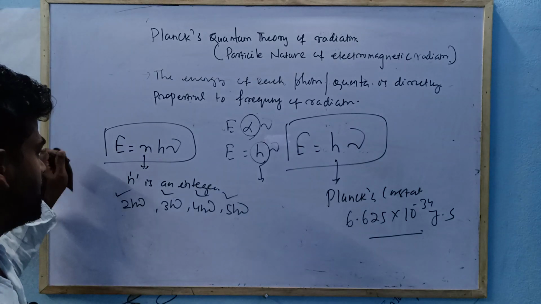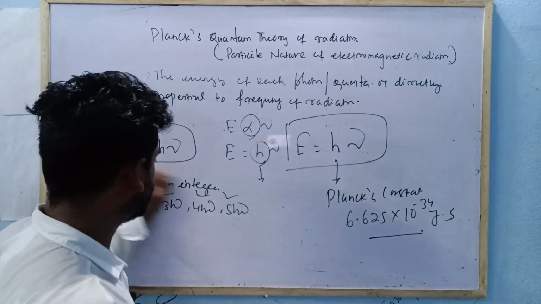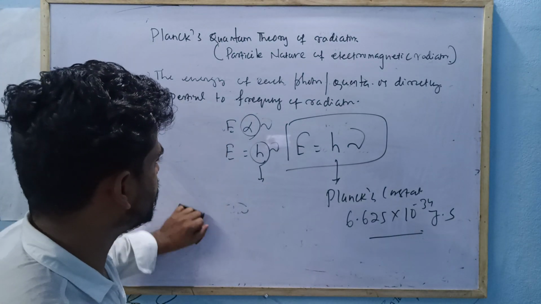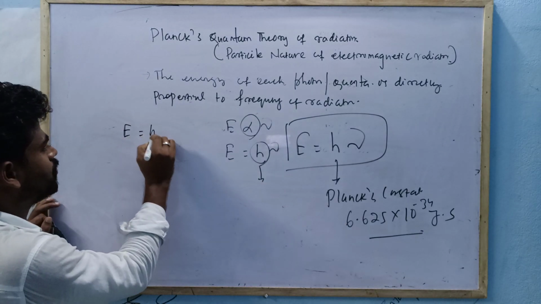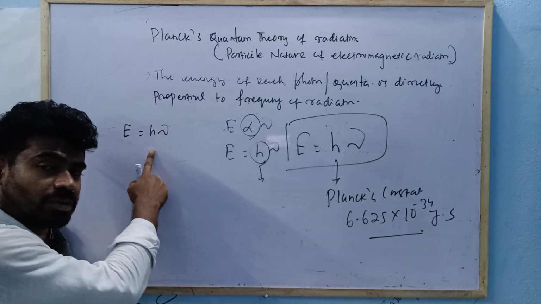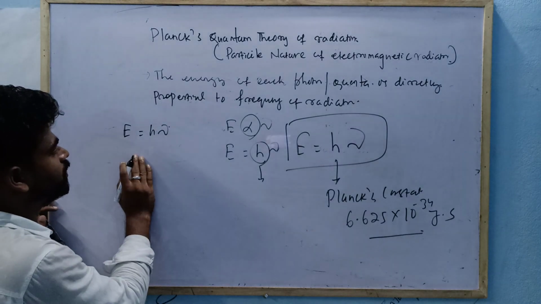Clear? Now another little bit of derivation. If E is equal to h nu, very important, we have to proceed with several numericals based on this formula. Just remember E is equal to h nu.